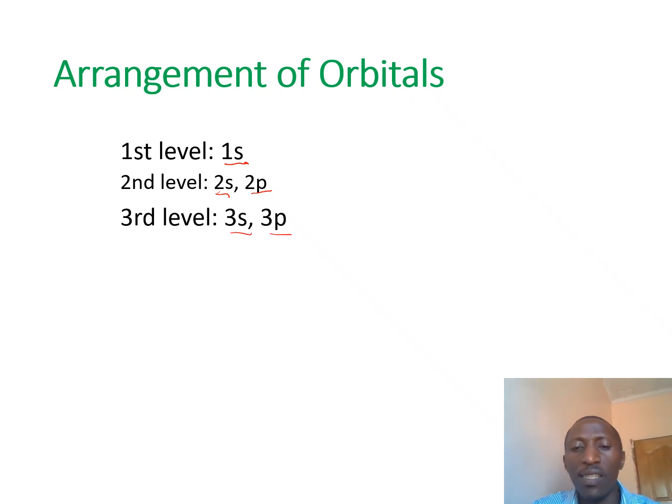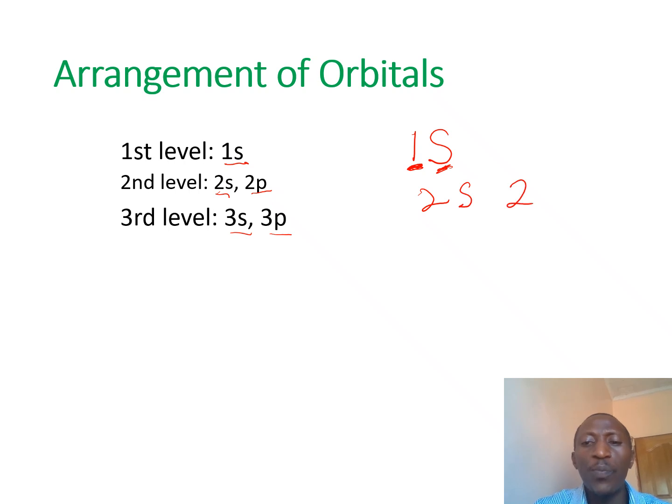We agreed that at this level, we shall not dwell so much on the d and f orbitals. We shall concentrate on the s and p orbitals. There is something that I would like viewers to understand. The 1s denotes two things. The first energy level, 1, has the s orbital only.